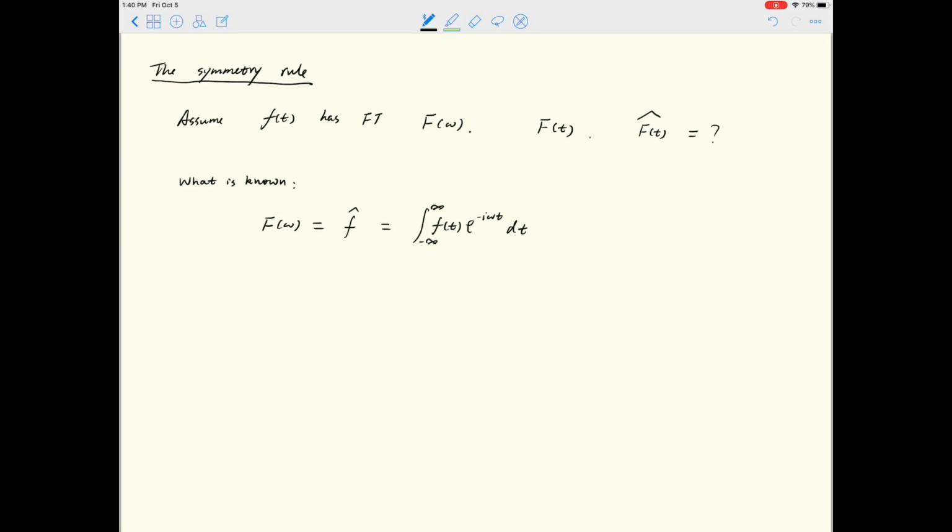And also, since capital F is the Fourier transform of little f, if we perform an inverse transform of capital F, we should get back to little f.